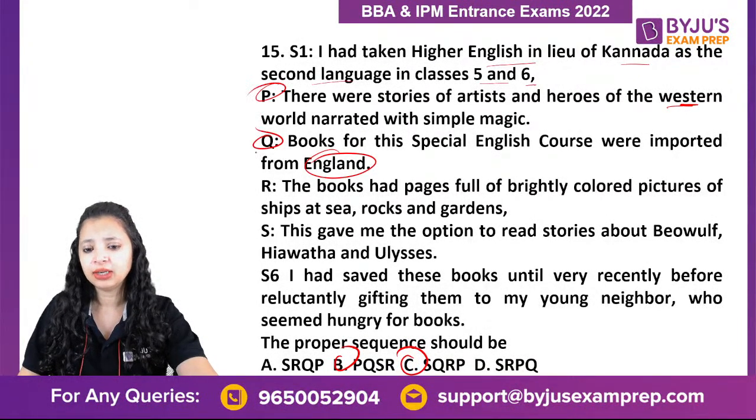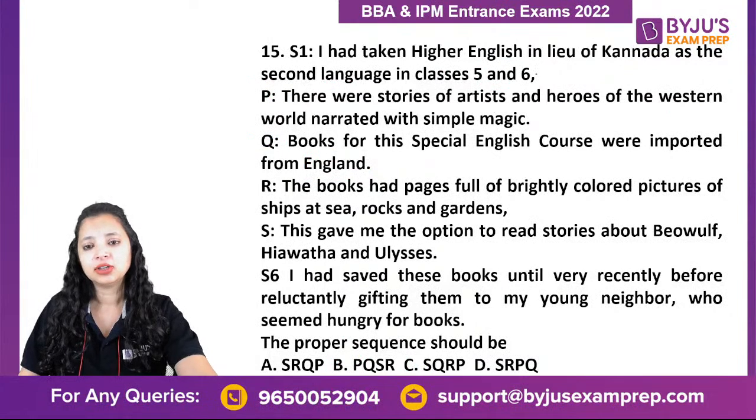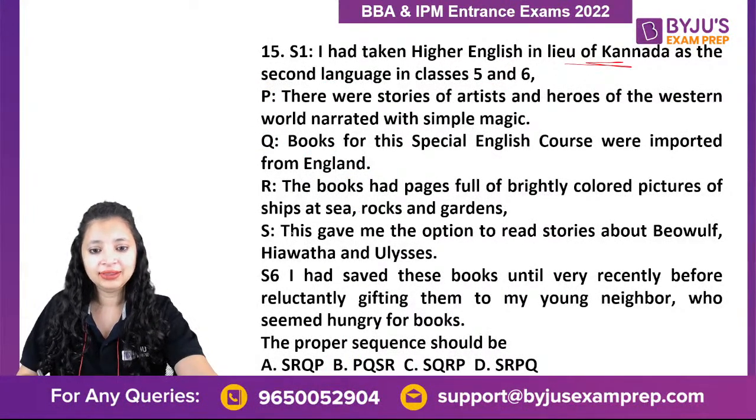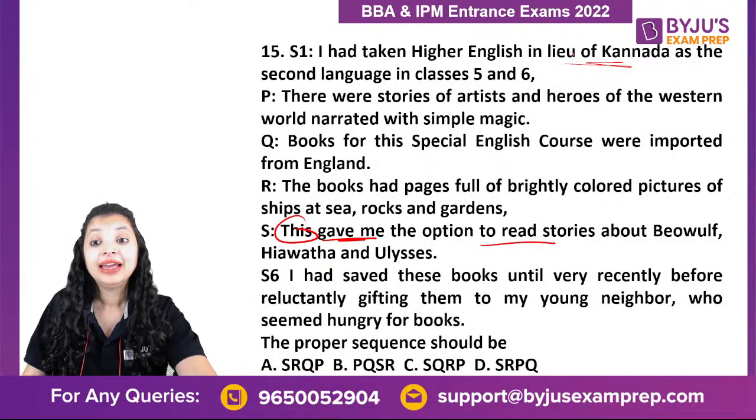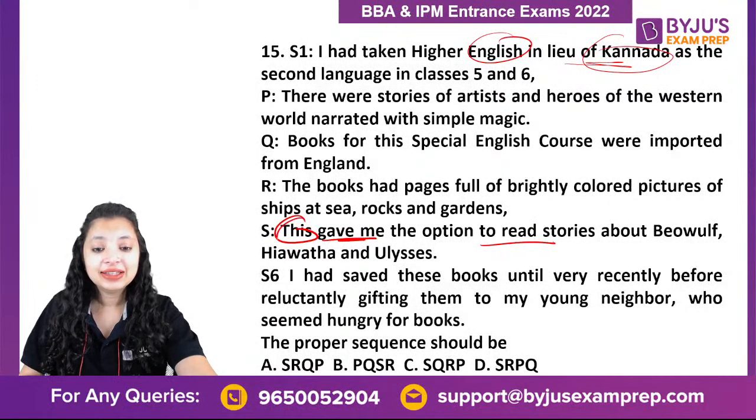Q and P should make a mandatory pair. Should they? चलो आगे देखते हैं, एक बार छोड़ते हैं. So I had taken this, and this gave me, what gave me the option to read stories? Taking English in lieu of Kannada. That is, this gave me the option to read stories about these.